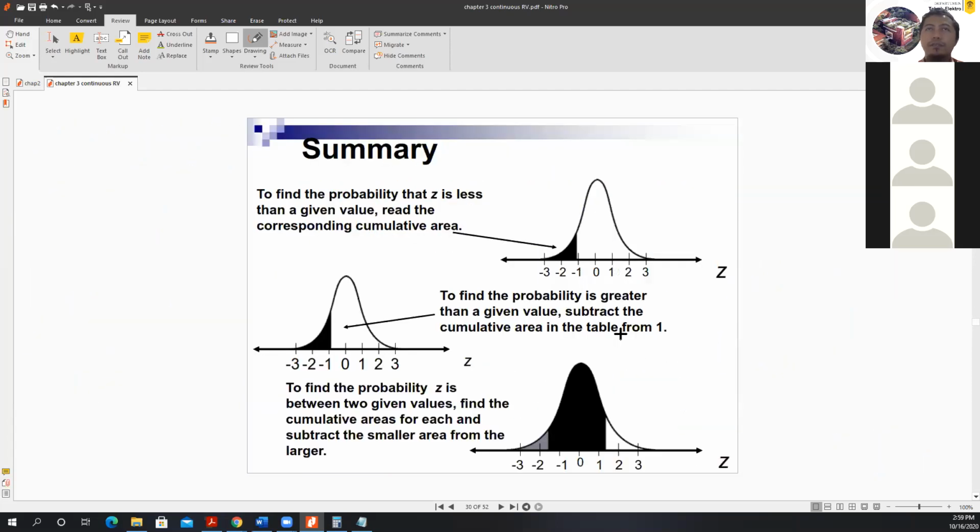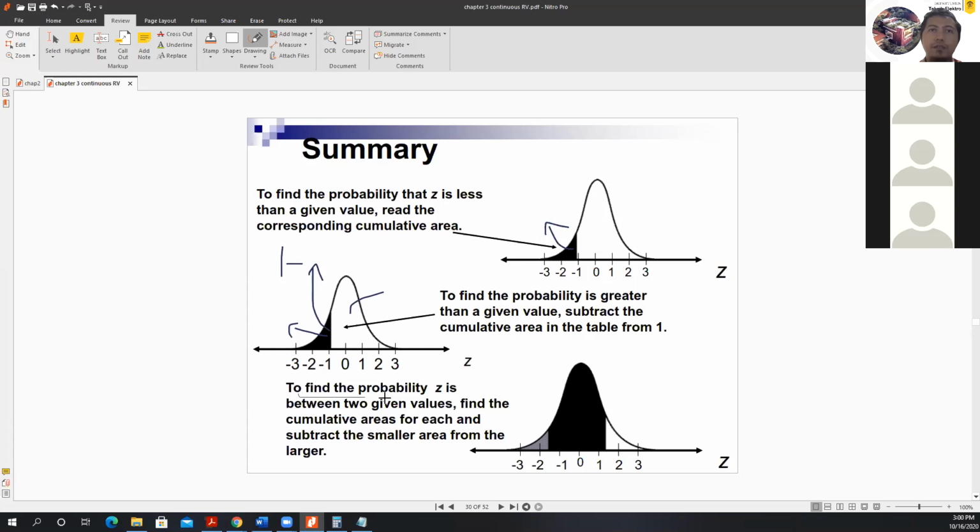This is the summary. To find the probability with z less than a given value, read the corresponding cumulative value in the table. To find the probability greater than the given value, subtract the cumulative table value from 1. So if you want to find this one, given the table, it is just 1 subtracted by the black area here.